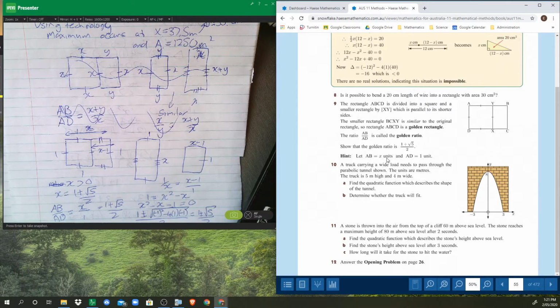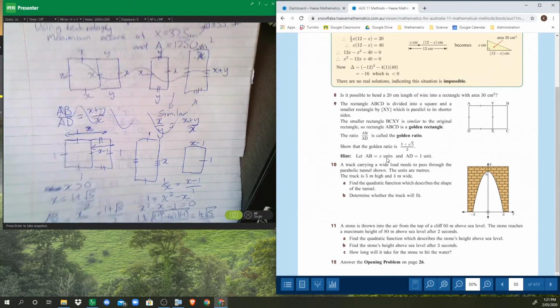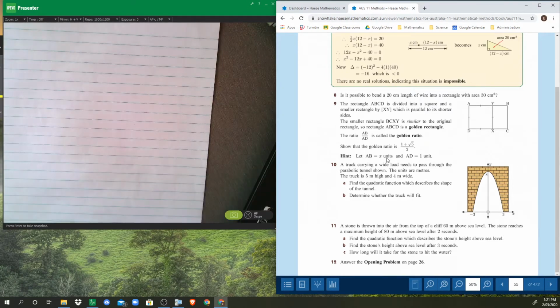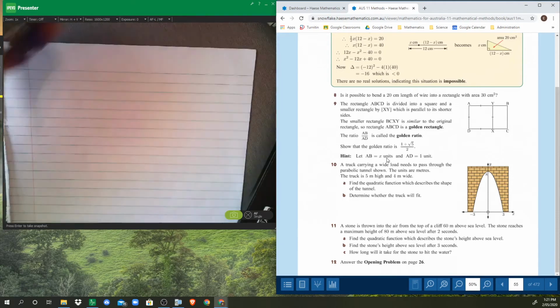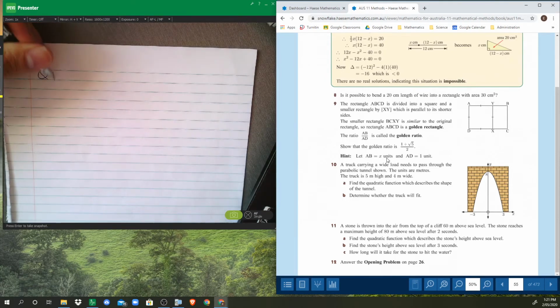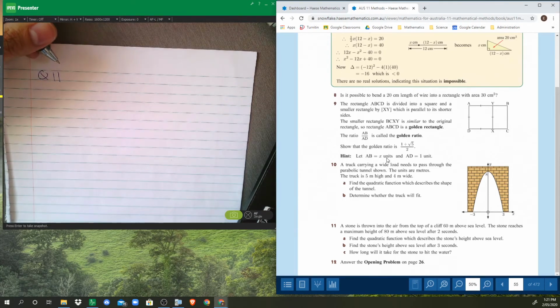Okay, and the last question we have to do is question 11. Another page by Celeste, question 11 on the same page. A stone is thrown into the air at the top of a 60-meter cliff above sea level.